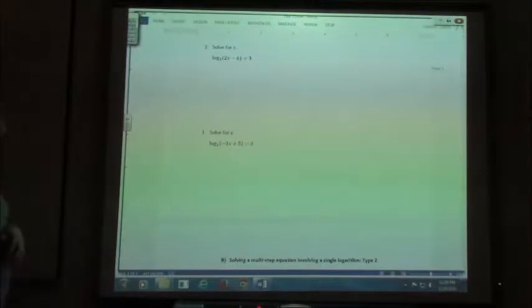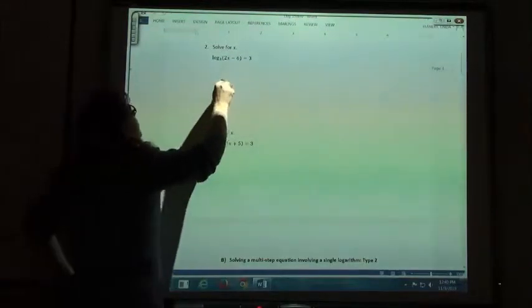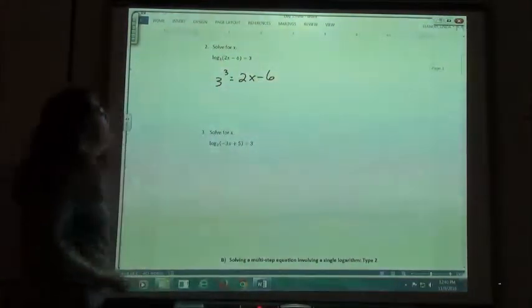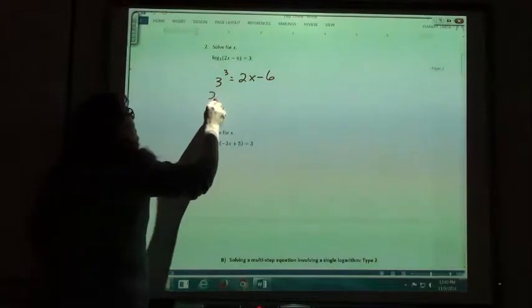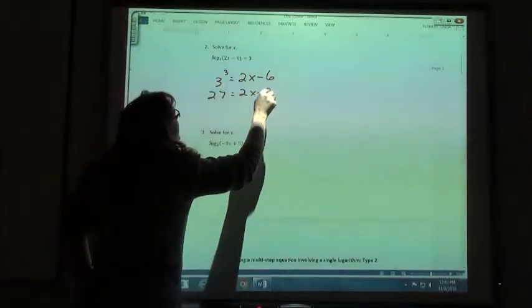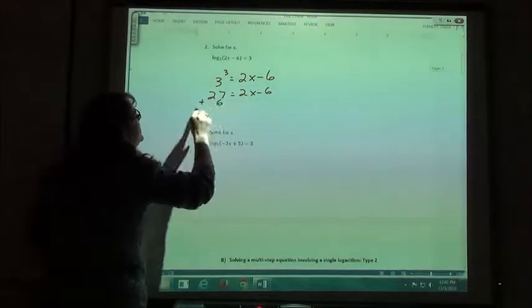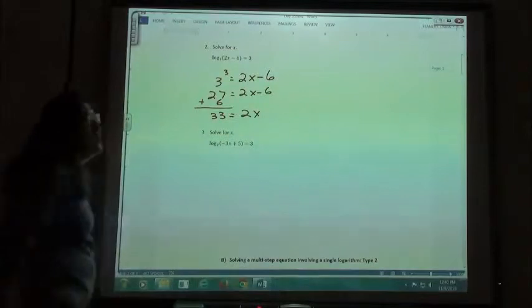So, if we rearrange this one and put it in exponential form, we would write it as 3 cubed equals 2x minus 6. So solving that, 3 cubed is 27 equals 2x minus 6. We are then going to add our 6, and we would get 33 equals 2x.